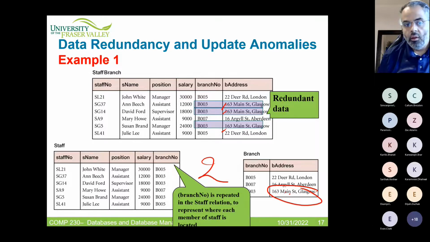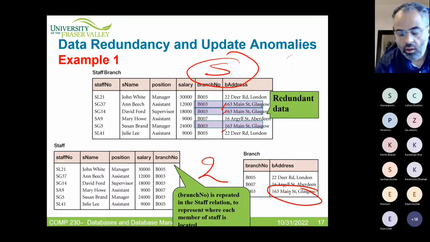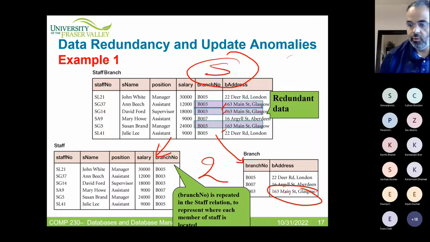So the original structure is a redundant structure. How do I know how to decompose it? This is what we are going to learn in normalization. But it seems that decomposition was the solution for this.